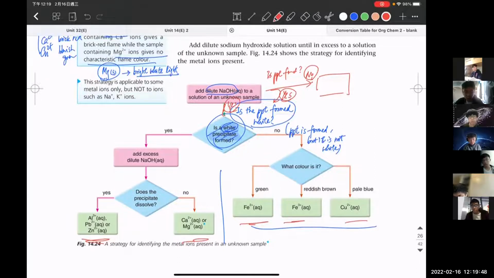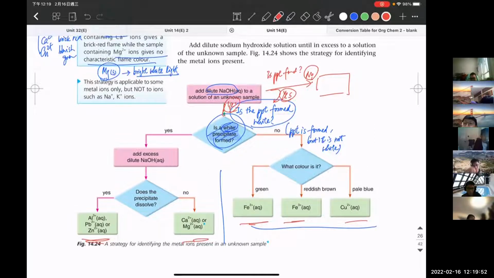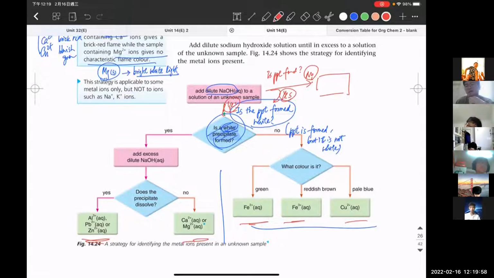Anyone who understands what I've just said? If it dissolves, then there is no PPT. So what does it mean by that? The final product is an aqueous solution.